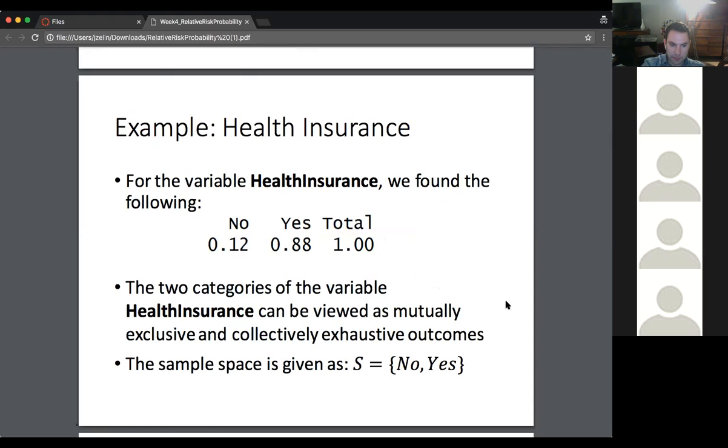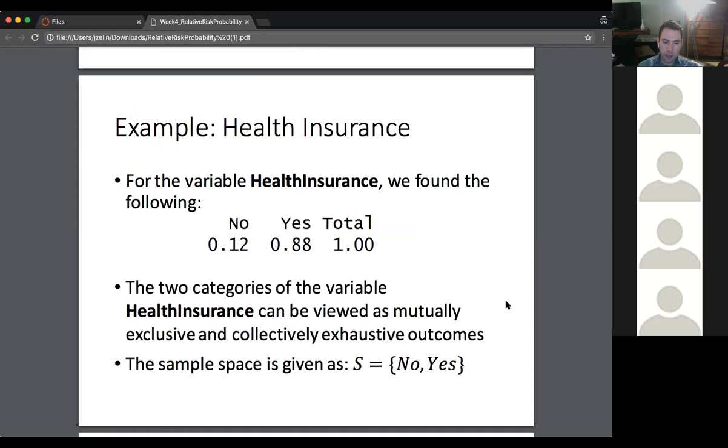So for health insurance, going back to our case study, we found that 88% of the people have health insurance and 12% do not. And just to reiterate, if we add those 2 up, that equals 1. That fulfills all our rules of probability.